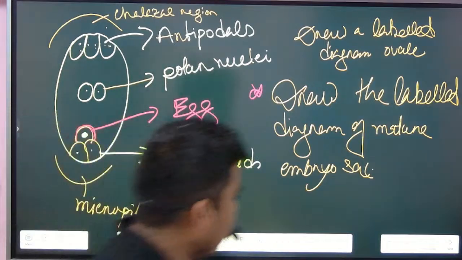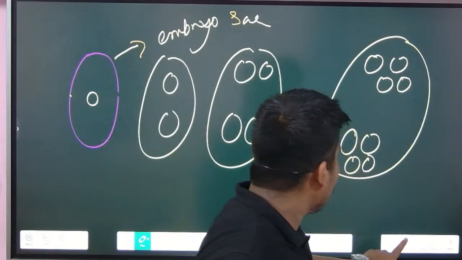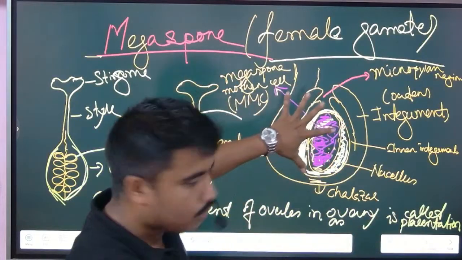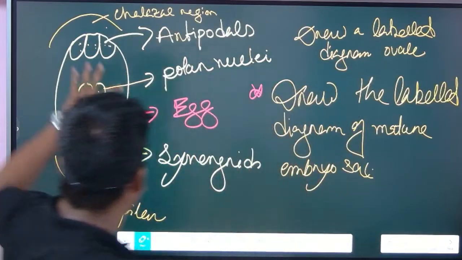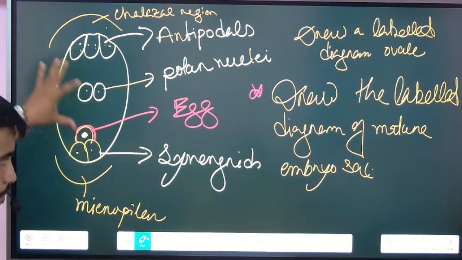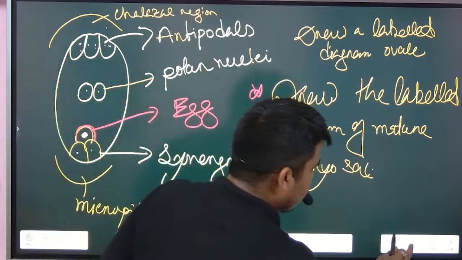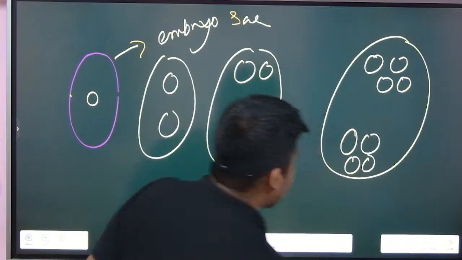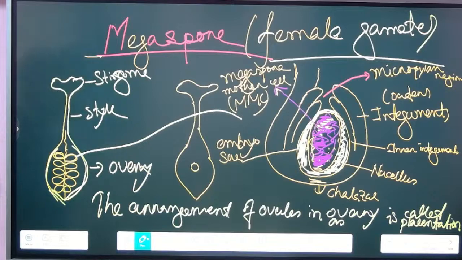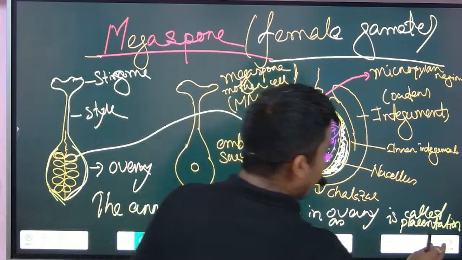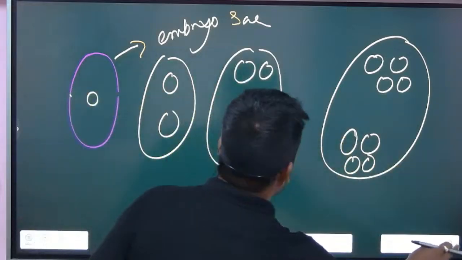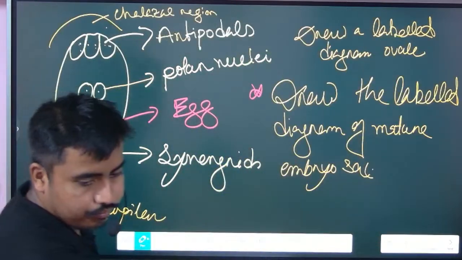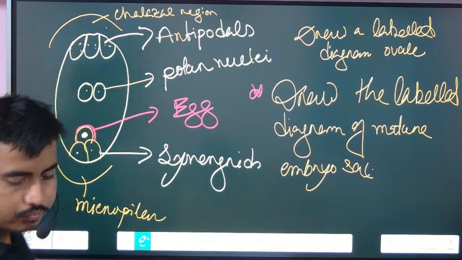The diagram of the ovule is only this portion. And this is the mature embryo sac. But if a question comes on the steps of megasporogenesis, then you have to write only these portions, the steps.